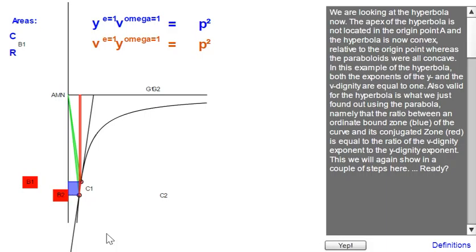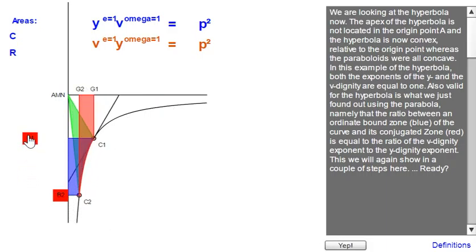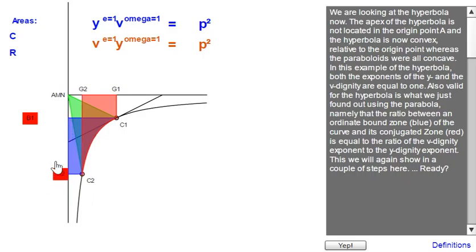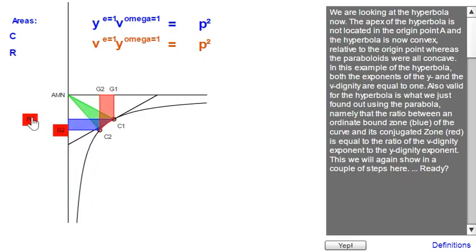So you have a hyperbola, and you basically draw out the very same figures. It's just that it may be a little more dense and confused in terms of the hyperbola, because there's not so much space here to draw these areas, but we're going to get along.